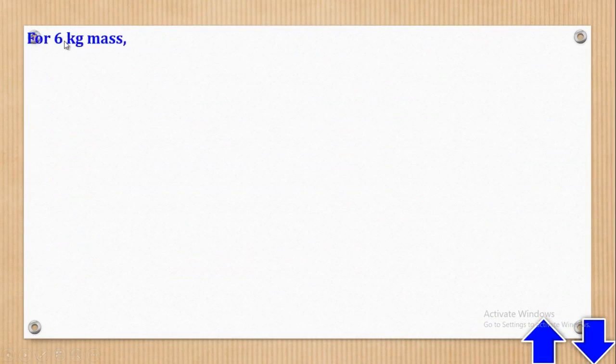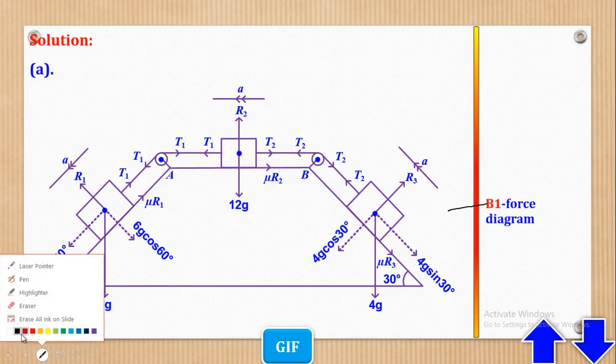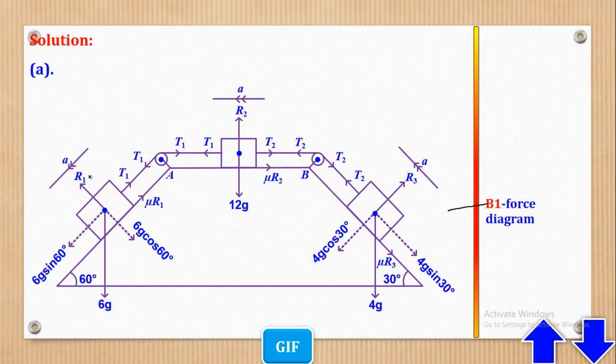So we shall start with the 6 kilogram mass. If you look at the 6 kilogram mass, perpendicular to the plane, R1 will be equal to 6g cos 60 degrees, but parallel to the plane, you realize that this a is down the plane, so we are interested in these forces.